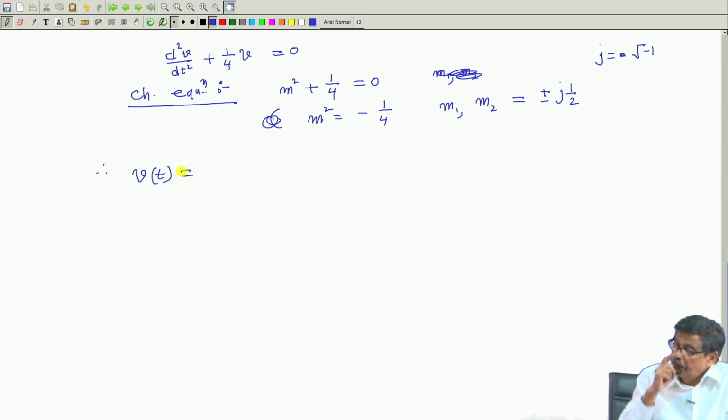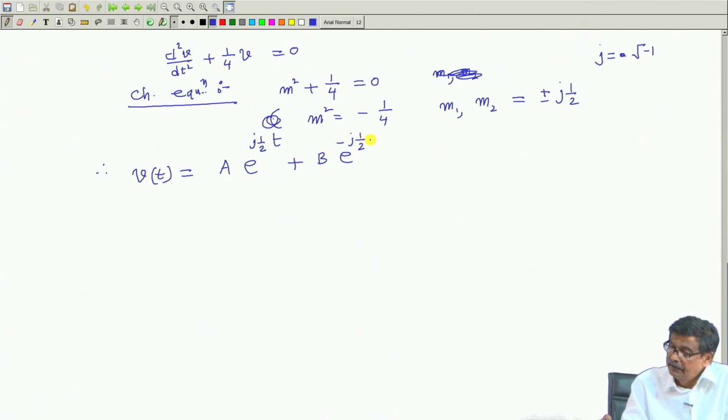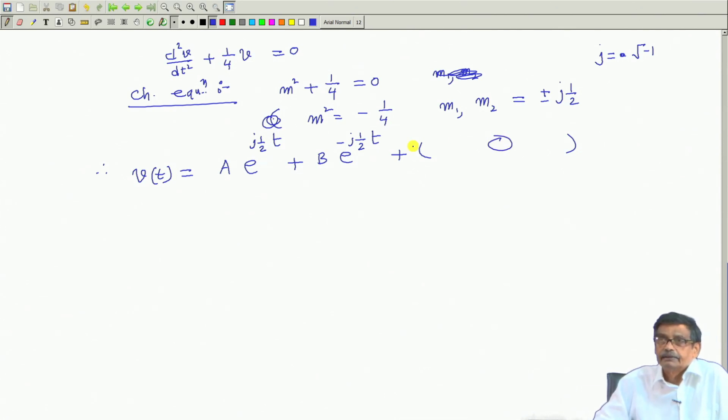It will be equal to A into e to the power j half t plus B into e to the power minus j half t, plus the forcing function term, which is 0. So, those terms are zeros, nothing is there.